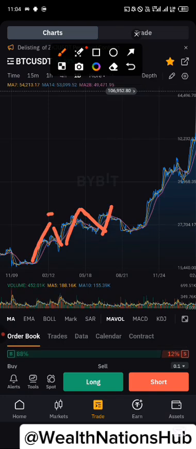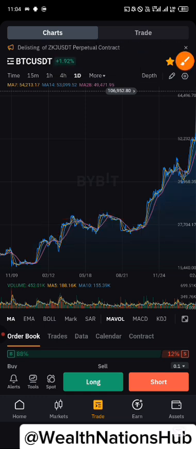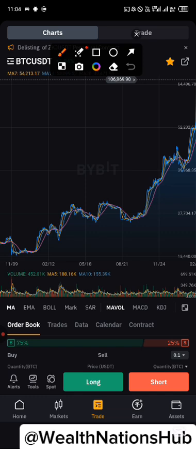Now, there is a point of resistance somewhere here. Is that taken? So when it breaks out, it continues in a bullish direction. So this is the point where a trader is supposed to enter the trade.